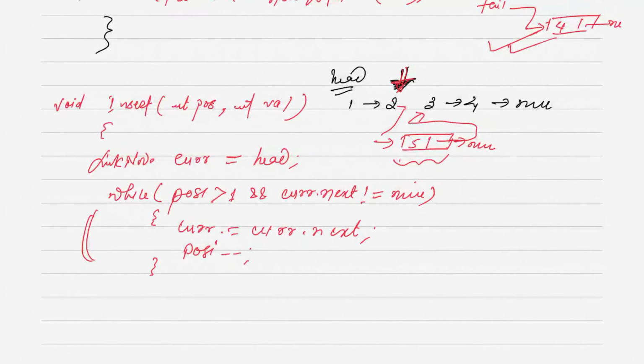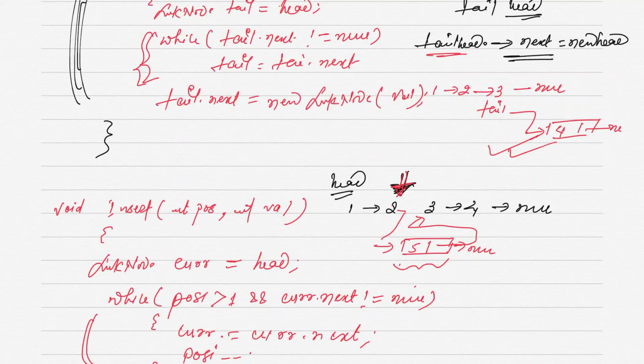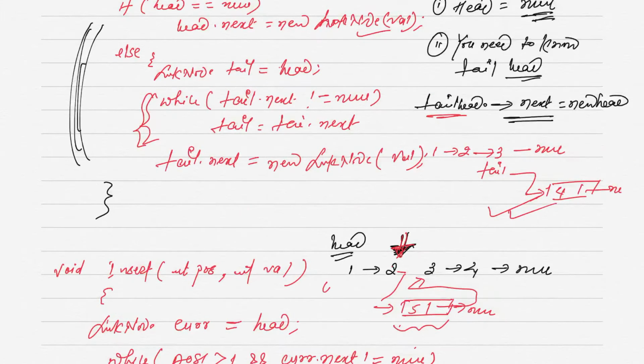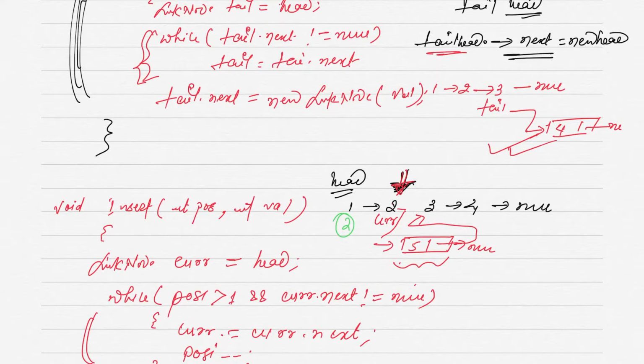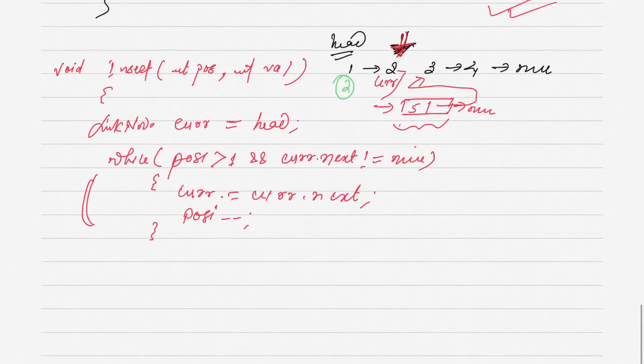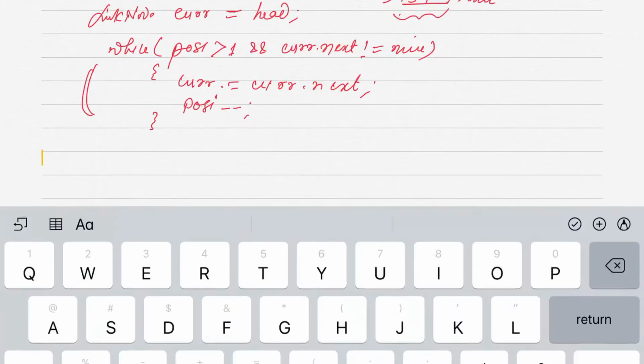Okay, so what I'm doing here: I declare current here, and ask current to move from head to next. Initially this was position 2, and we will get this current node.